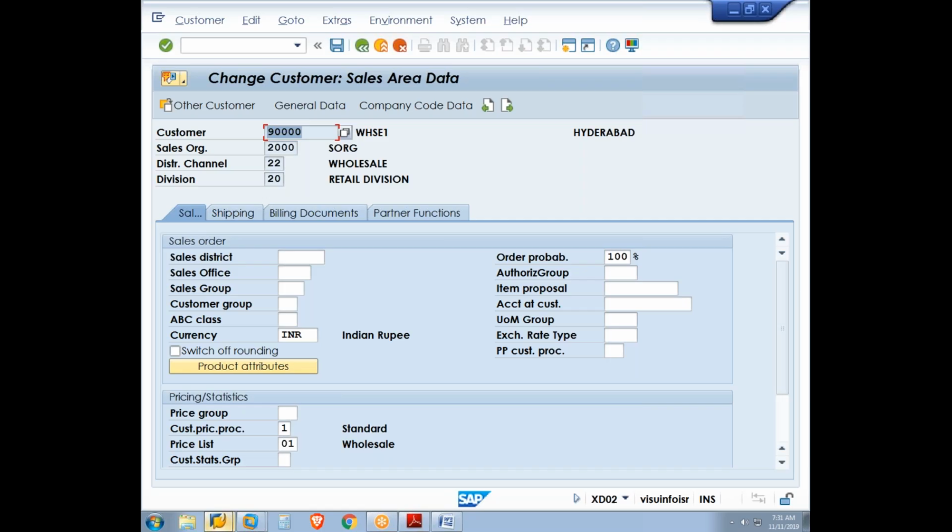Each customer number will act as an account, and the actual amount you receive from the customer will be posted to this account. Something like having an account in a bank. Whenever you do any transaction with the bank, the amounts are posted to our account. If you deposit money, it is credited. If you withdraw money, it is debited.